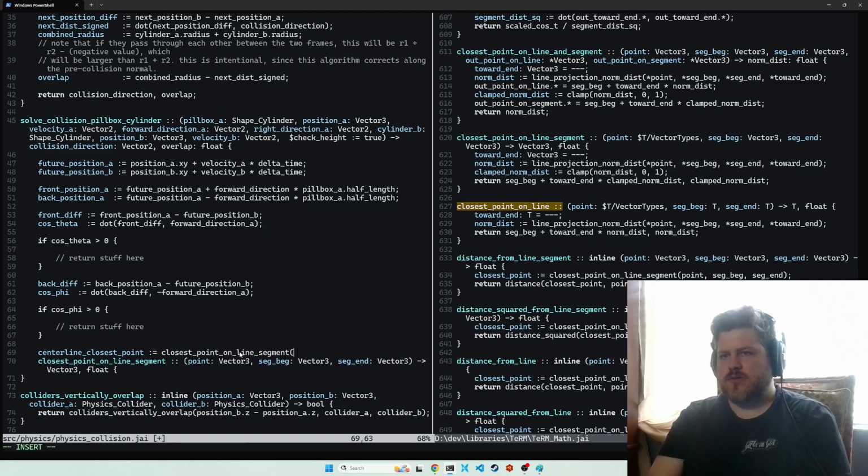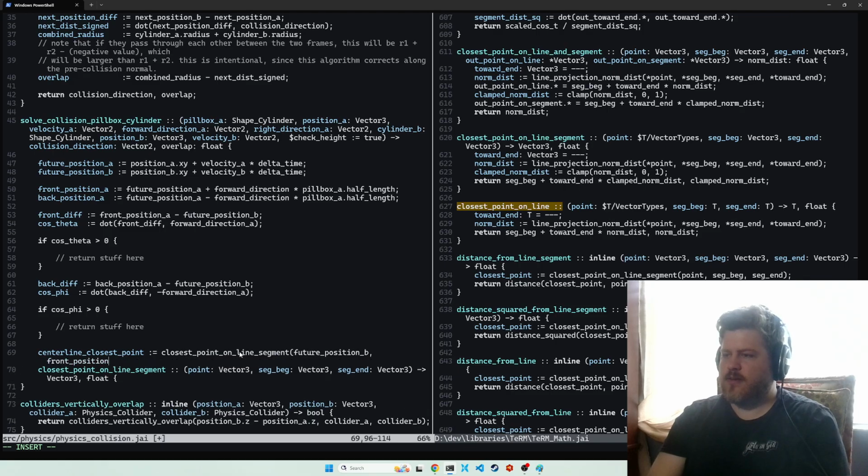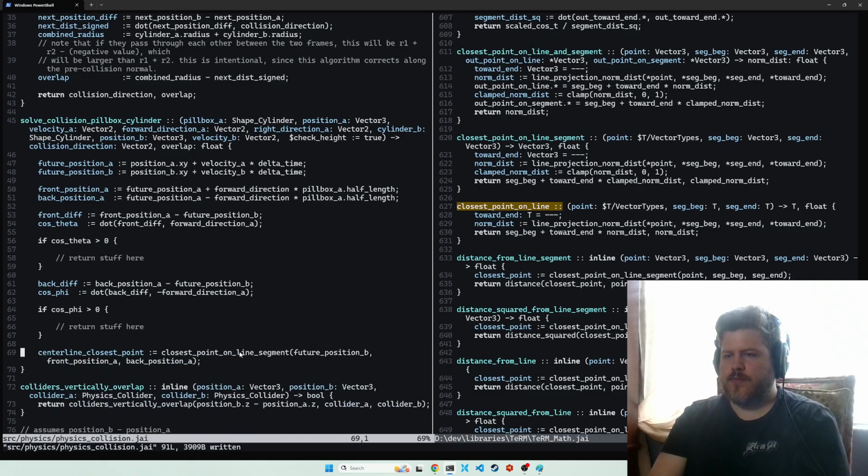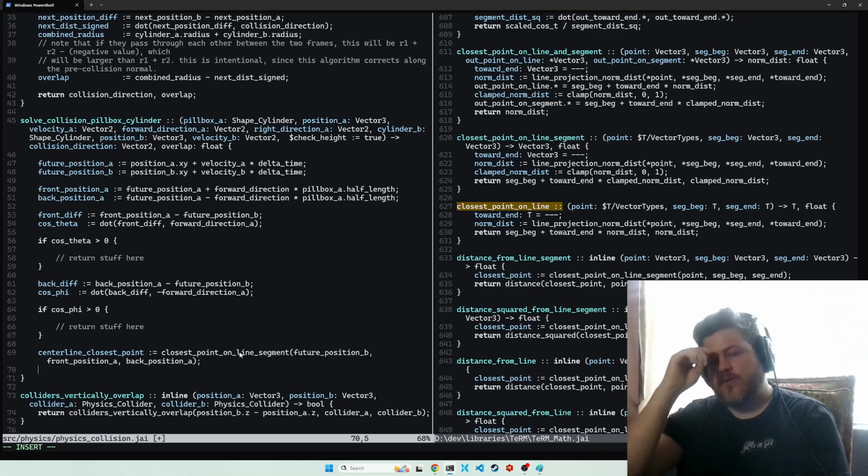The point is the other guy's position, so feature position B. And then the line segment is just the two cylinder positions, right? So front position A and back position A. Yeah. So got the closest point on that line segment.